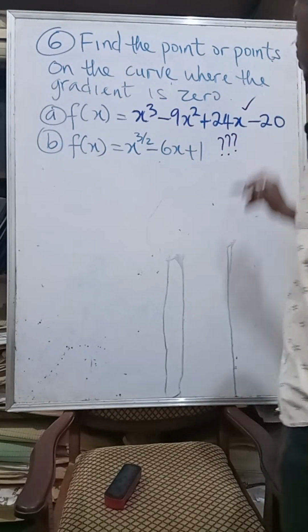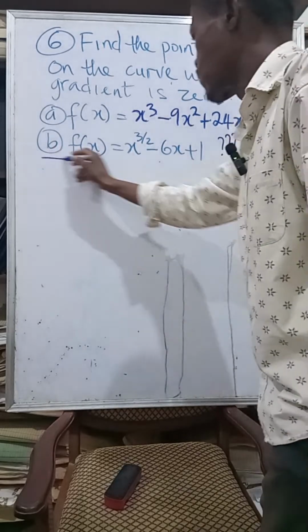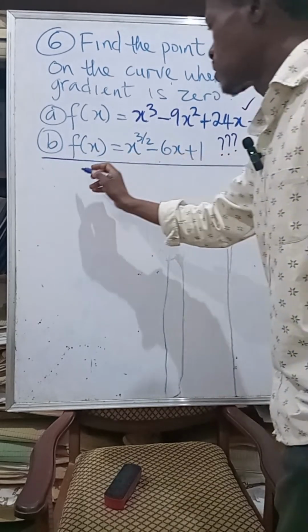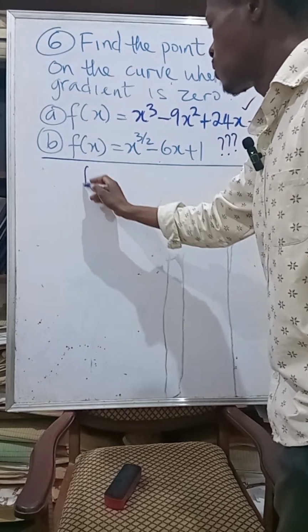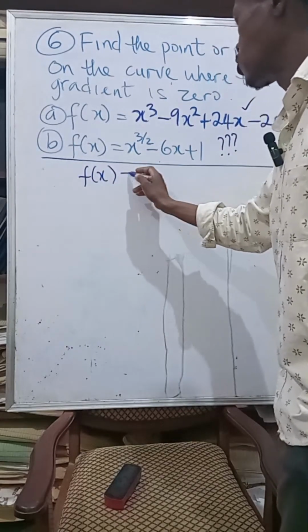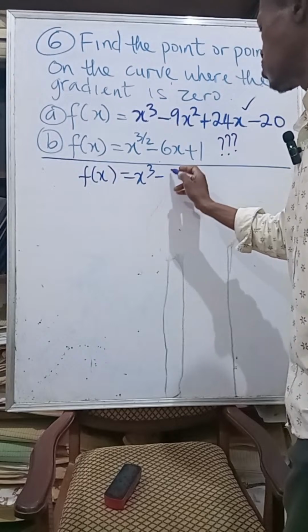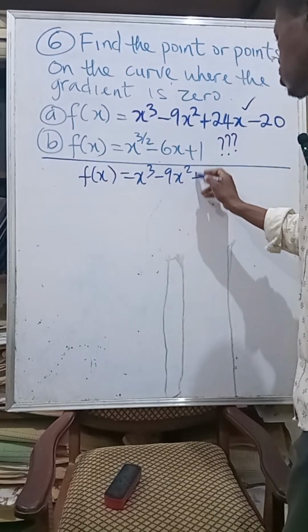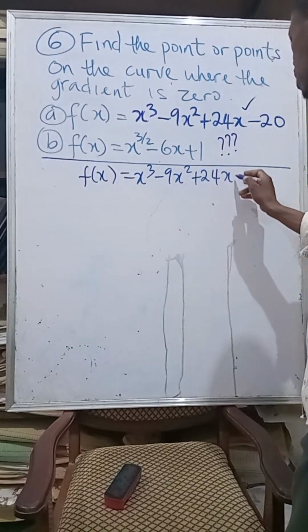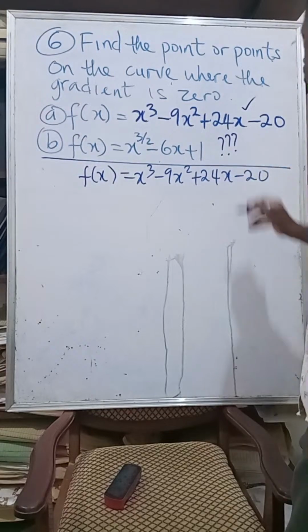Okay. For the first one, we have f of x is equal to x cubed minus 9x squared plus 24x minus 20. So that's what we have.